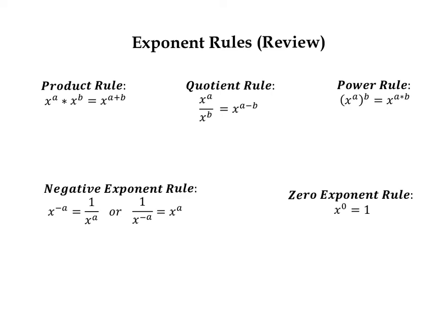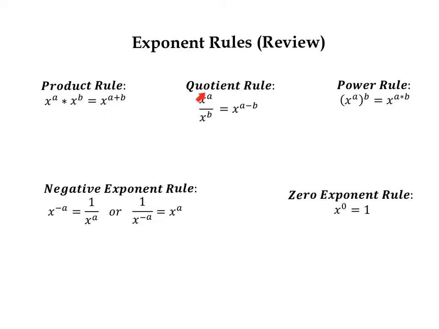Anyway, I want to quickly review with you some exponent rules that we did before, because these rules will come in very handy, and I want you to be able to make connections between what we've done before and what we will do now. We spoke about the product rule, the quotient rule, and the power rule, and they're going to come back into play. The connection I want you to make is that when you're dealing with product, we're going to be talking about addition.